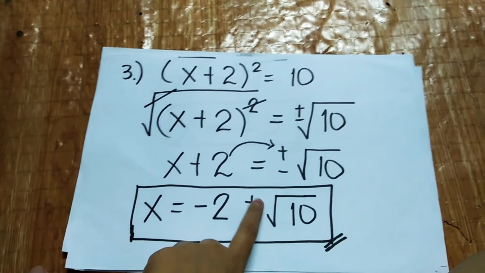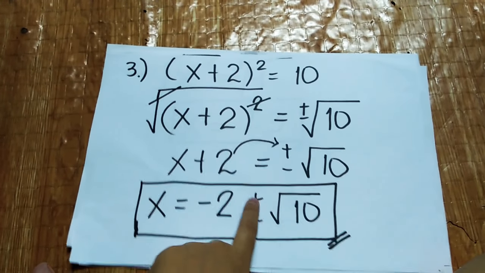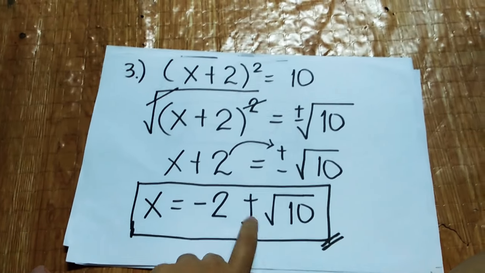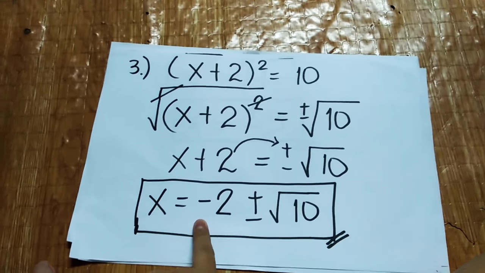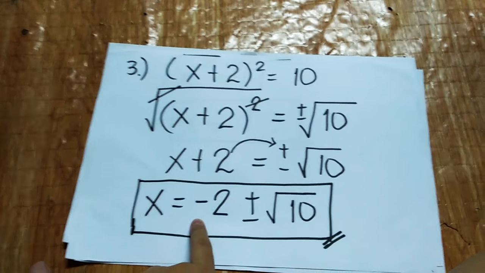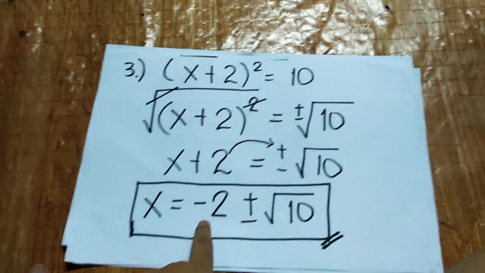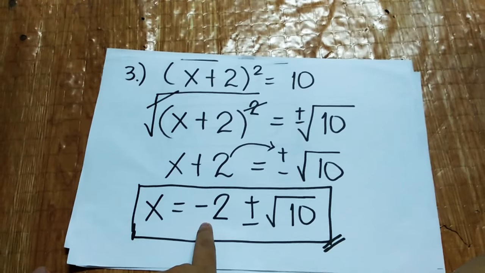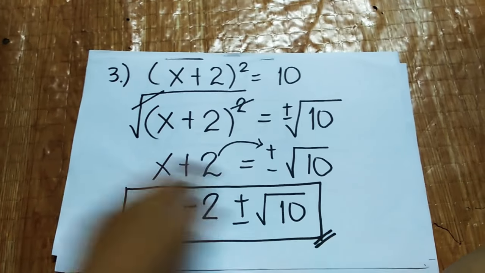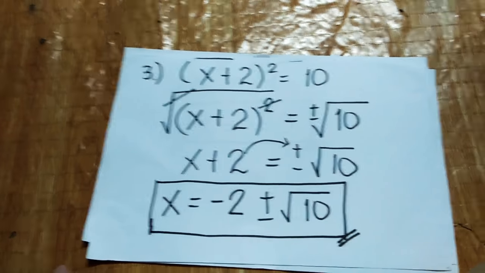At ito, yung positive negative, magiging plus and minus na. Naging operation na siya because of this number. May number kasi sa unahan. Okay, so dalawa yung answer natin dyan. Negative 2 plus square root of 10, tsaka negative 2 minus square root of 10. Okay?